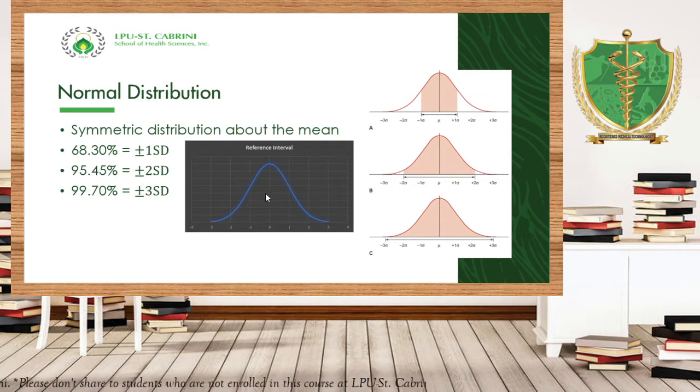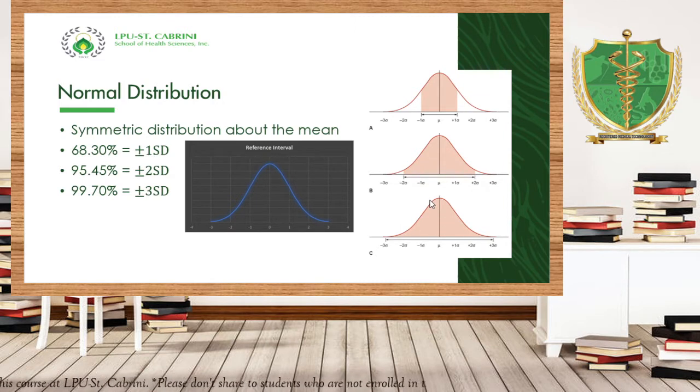Usually the values that fall within positive and negative 1 SD are 68.30%. Within positive and negative 2 SD is 95.45%. And 99.70% of our values are within positive or negative 3 SD.